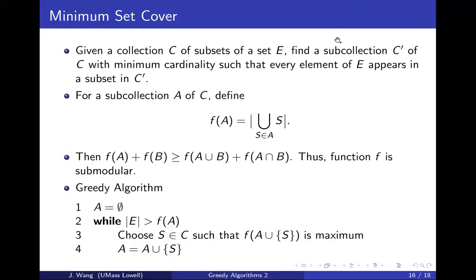So let me open up a screen. Or maybe we don't need to. Okay, so maybe I just use this space here. All right, so we have a set E, which has a lot of elements. And then you will have subsets.